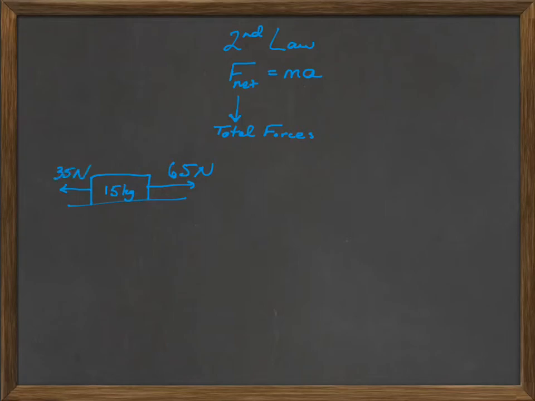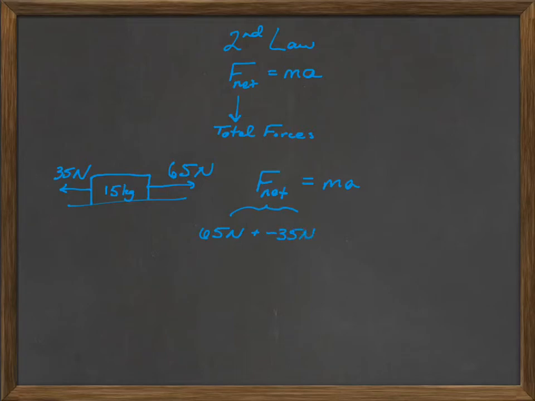Using Newton's second law, we can determine the acceleration of this object by looking at how much net force acts on it. We have two forces, 65 newtons in one direction, and a negative 35 newtons the other direction.